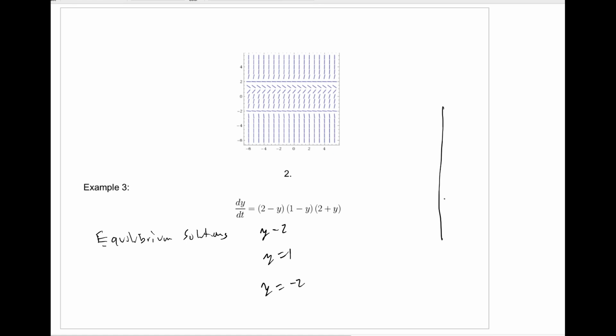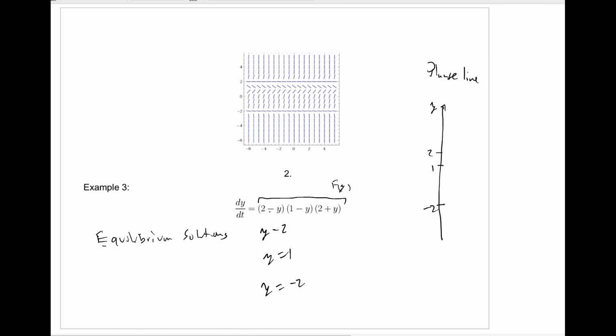And if I plot those here, here's negative 2, here's 1, and here's 2. We can look at the sign here of this function f of y. This is the y-axis, and this is the phase line.